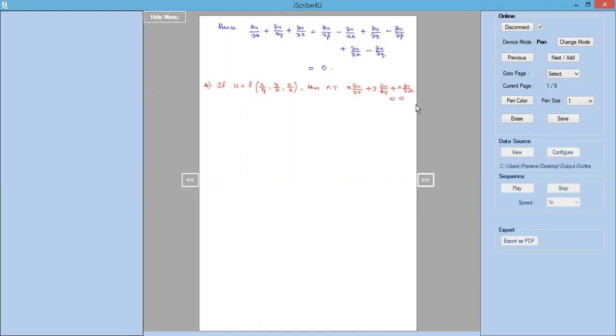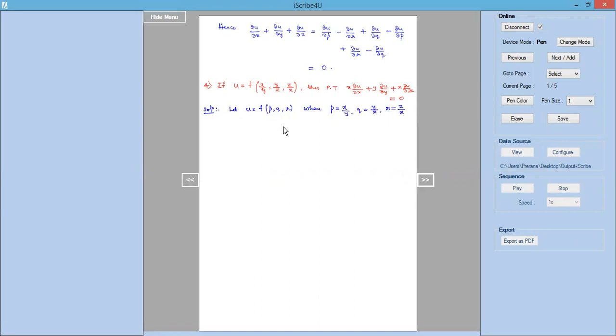So let us first assume u is equal to a function of p, q, r, where p is equal to x/y, q is equal to y/z, r is equal to z/x. It is actually a symmetric function.